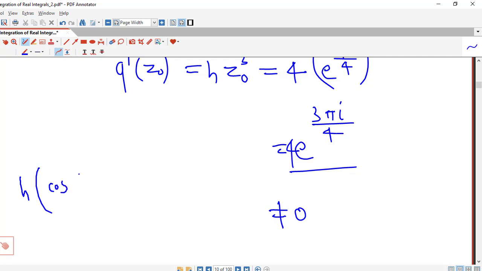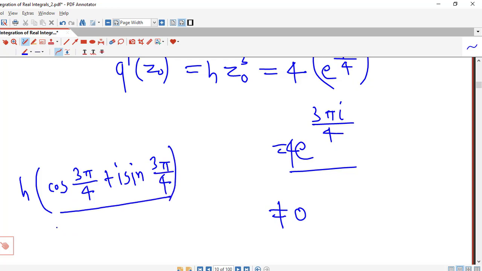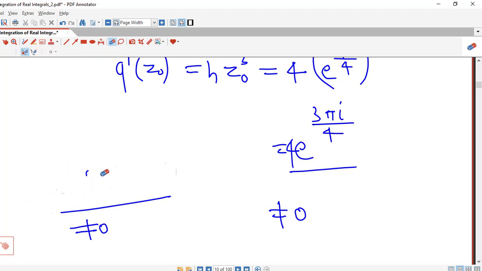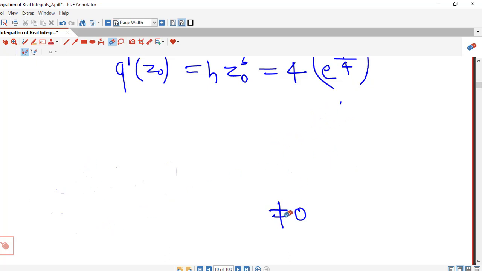So we can simplify this as cos 3 pi by 4 plus i sin 3 pi by 4, and if you simplify this you will get a non-zero complex number. So this shows that both the poles z0 and z1 are poles of order 1.